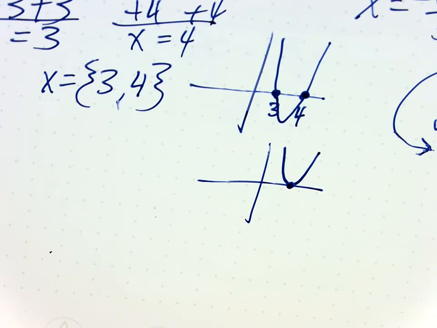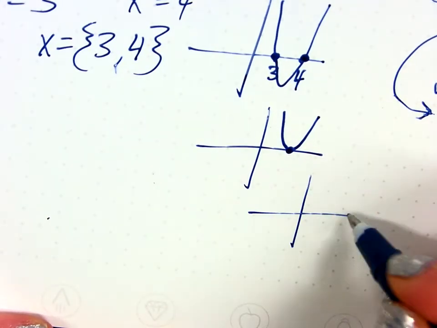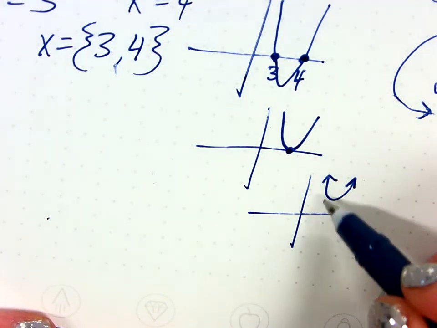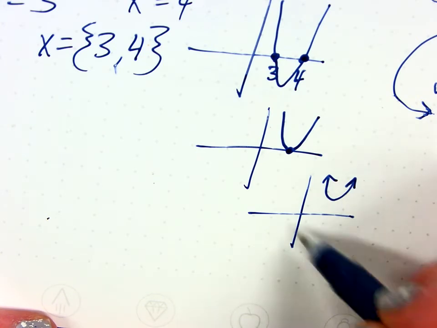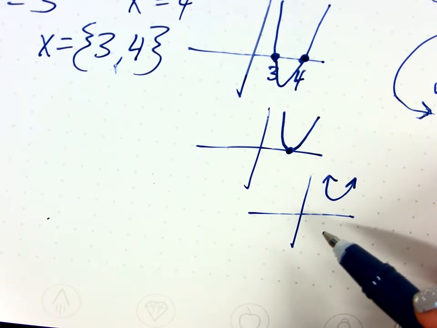If you have a U shape. Yeah. Right. It doesn't even have to cross the x-axis at all. It could be up here. Right? These ends are going to keep going up forever. They're not going to come back down. So this would have no real solutions, but it does have two imaginary solutions, which you probably found in Algebra 2 at some point.